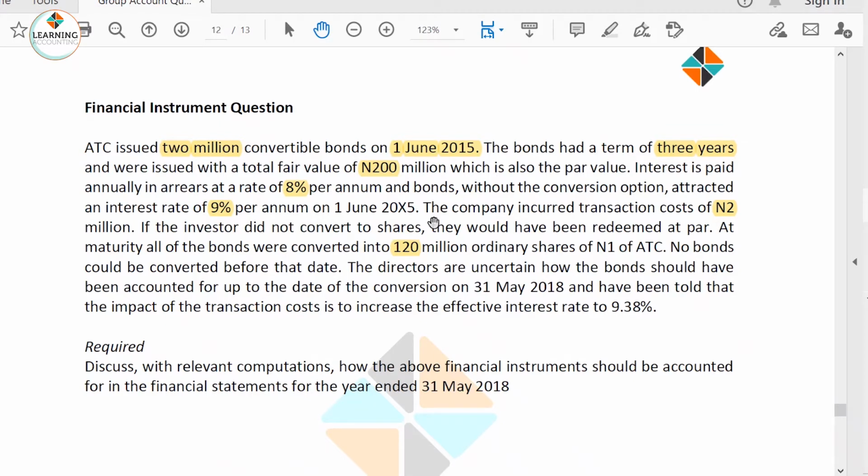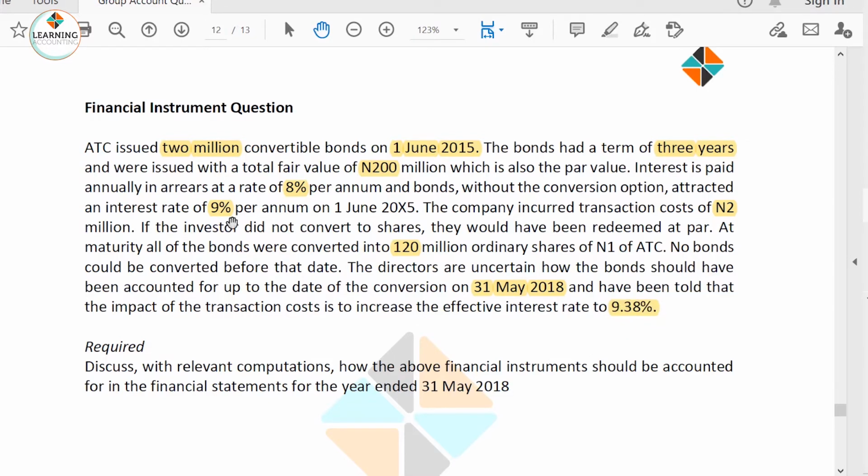The directors are uncertain how the bond should have been accounted for up to the date of the conversion on 31st May 2018. So you can see here the issue date is 1st of June 2015, and they're asking us to treat it to the conversion date, and we have been told that the impact of the transaction cost is to increase the effective interest rate to 9.38%.